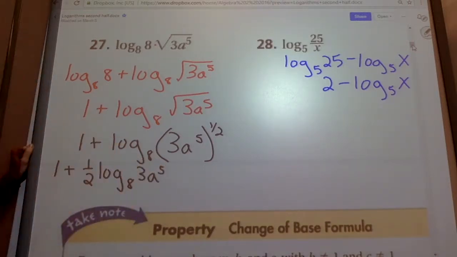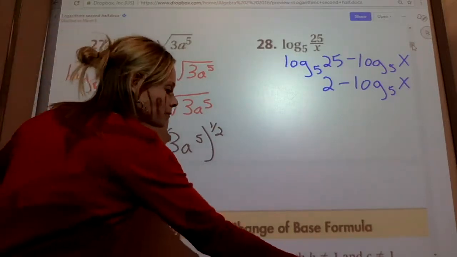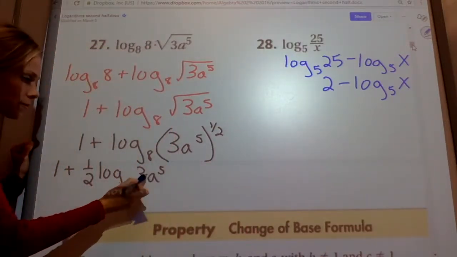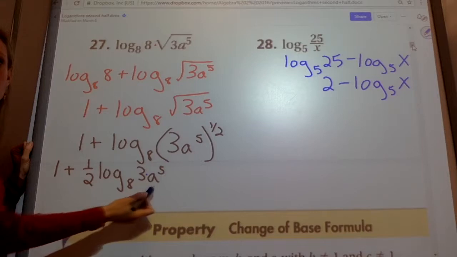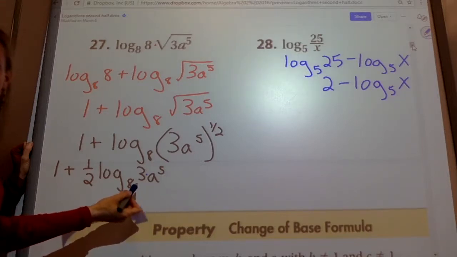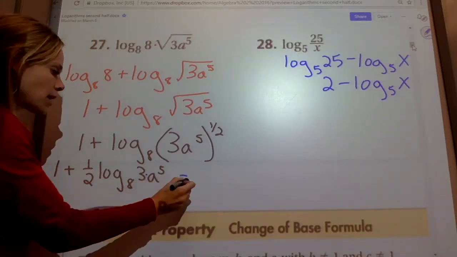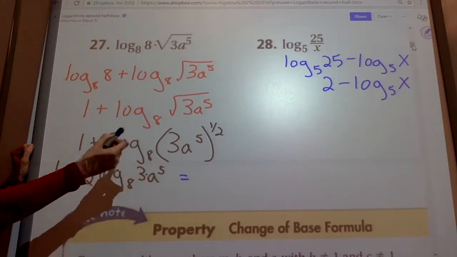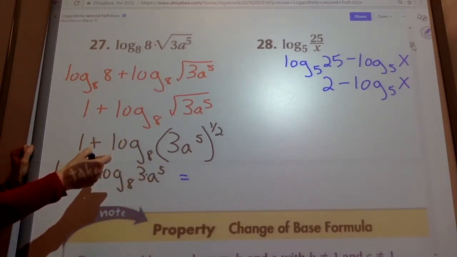Am I done? No, because now that just opened up a new expansion. What can I expand? 3 times a to the 5th can get separated by addition. And that 5 is going to go in front of the log. Okay?